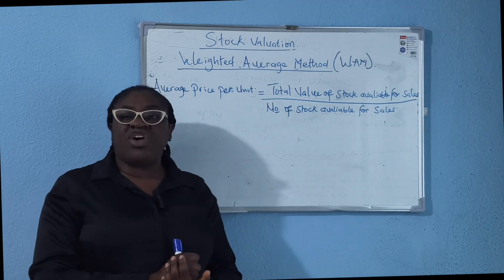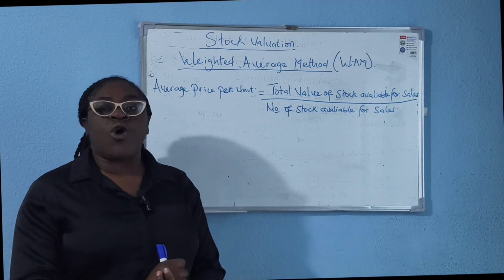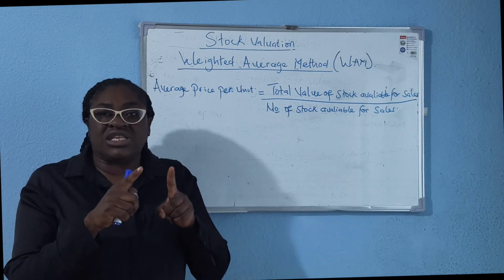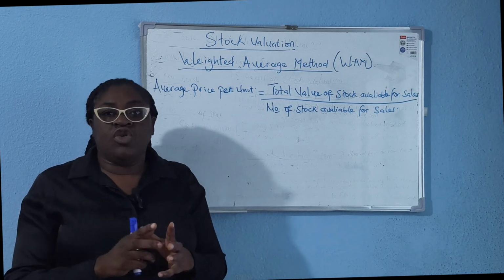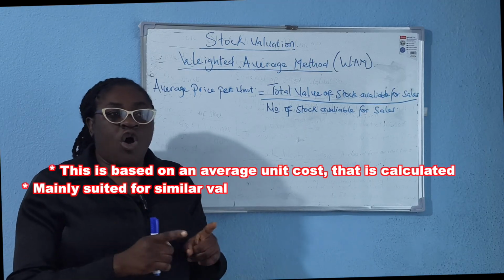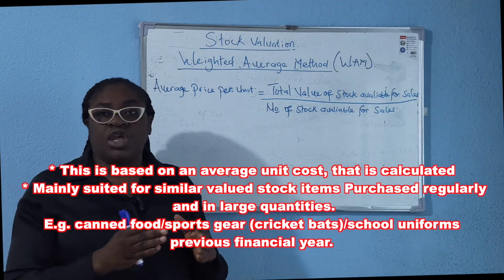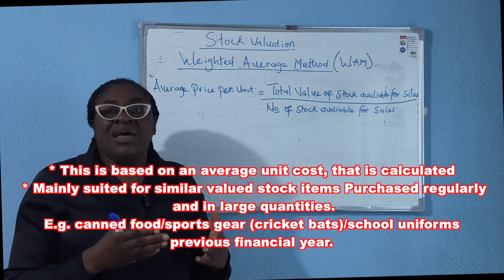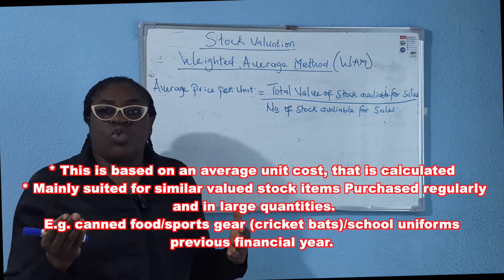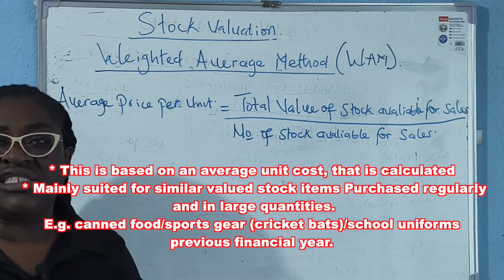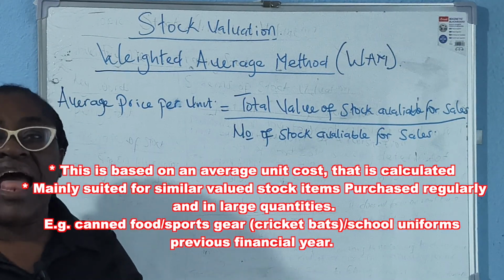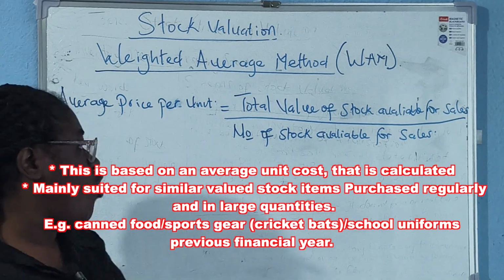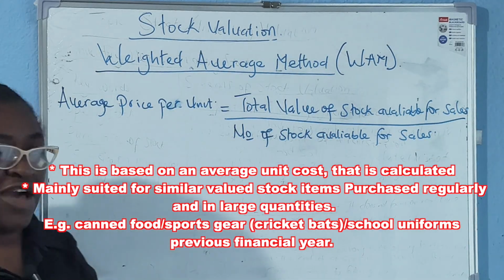This method is mostly used for goods that are close in price. You find out that the cost price of this one is close to the other goods. You find out that these goods only have 1 rand or 50 cent differences. Then we can add up all those goods and divide by the number of stock that is available.